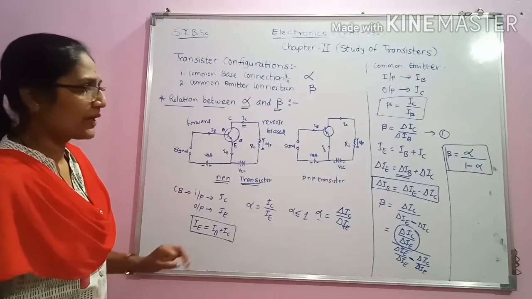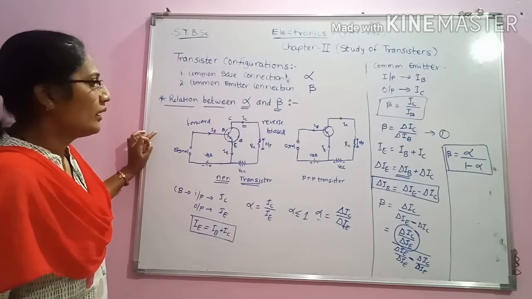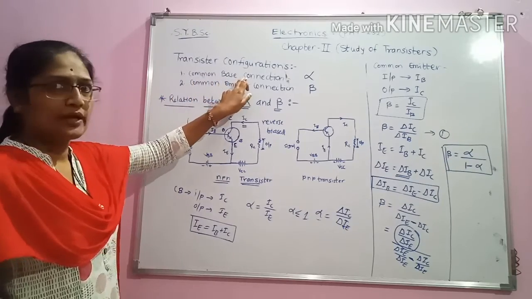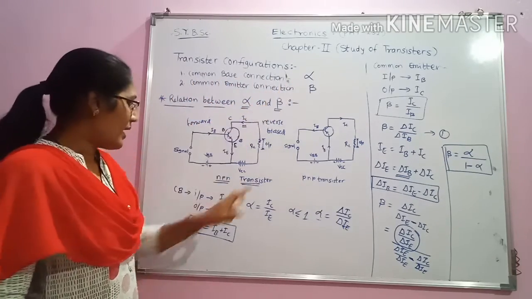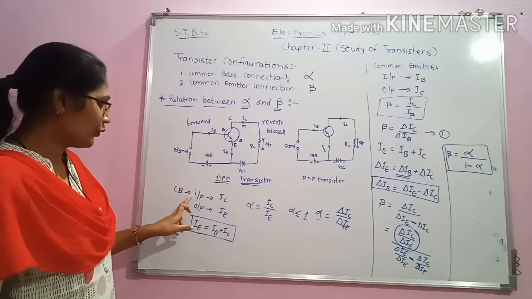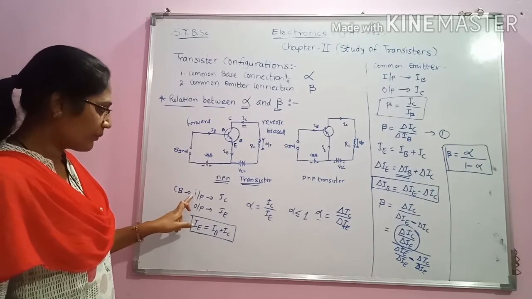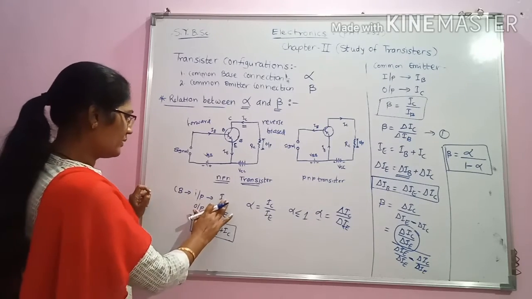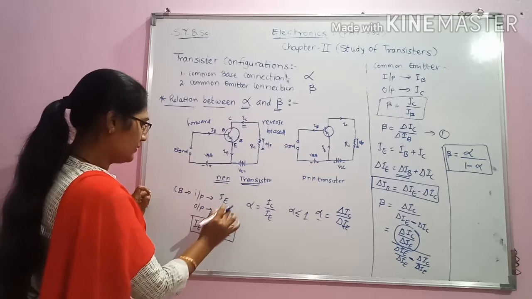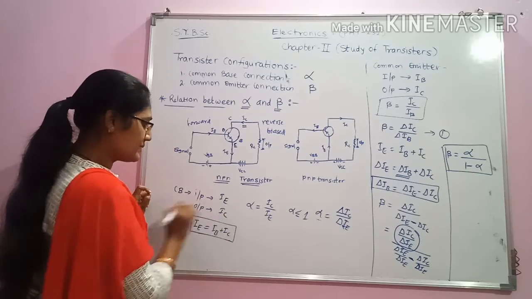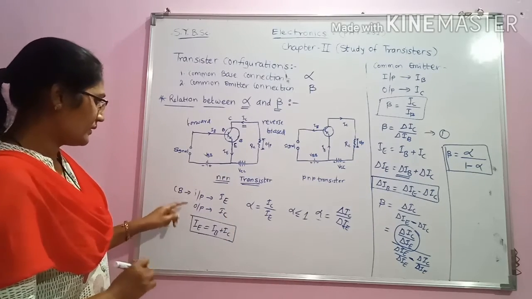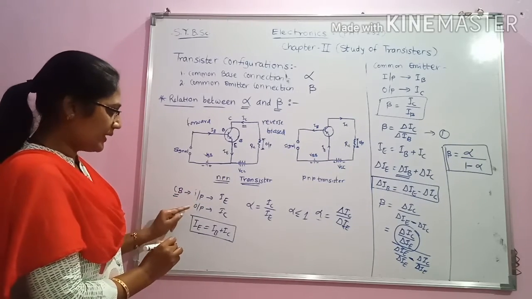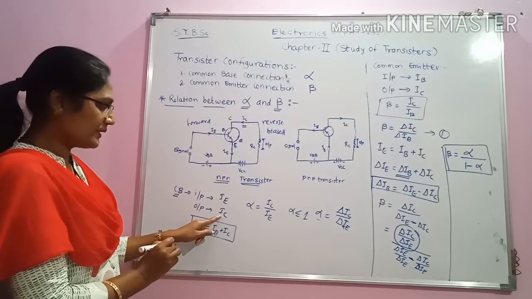Let's see whether there are any mistakes like this. We have started with common base connection and we have calculated alpha. Alpha is nothing but output current divided by input current. In case of common base, input is nothing but IE, output is nothing but IC.